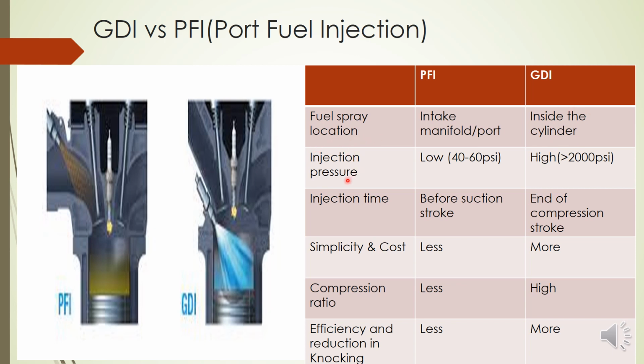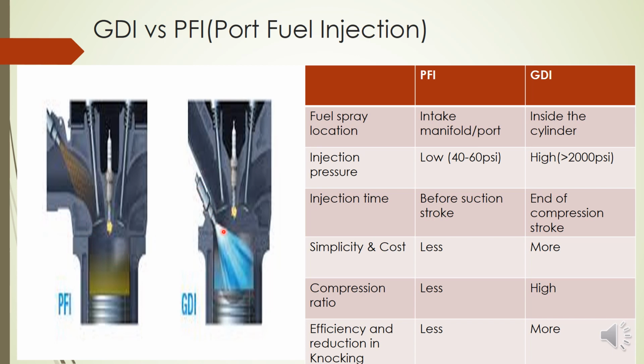And another difference is what is the injection pressure used. In port fuel injection it is very less. Why is it less? Because it does not have to be that high, because the mixing of air and fuel takes place in the inlet manifold. We have enough time for mixing the air and fuel, then only it will enter the cylinder.